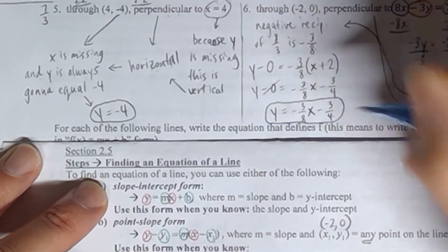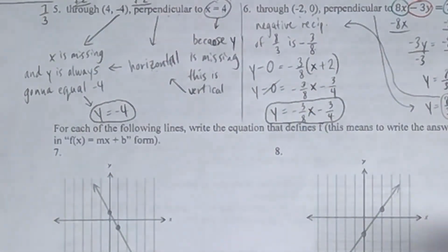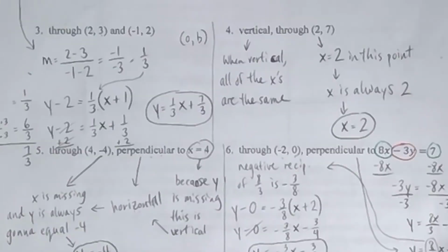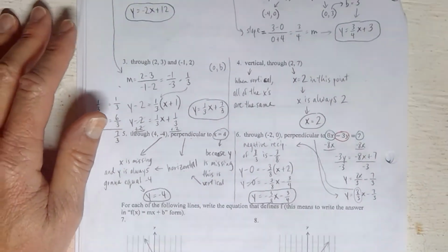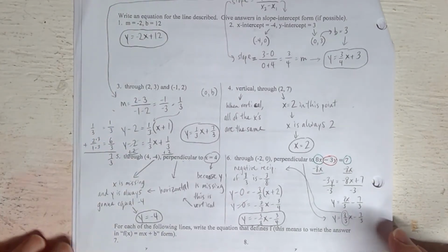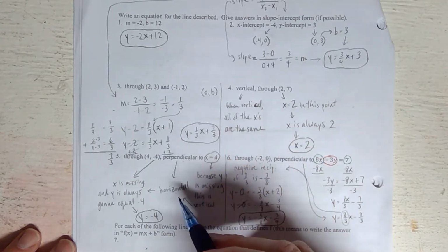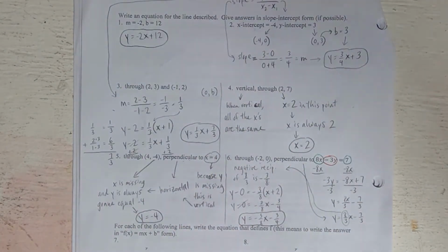Okay? And so that, you guys, is basically what you need to do in order to take a description of a graph, problems 1 through 6 here, and convert it to an equation that's in slope-intercept form. Now remember, though, if it's horizontal or vertical, forget about all that slope-intercept stuff.